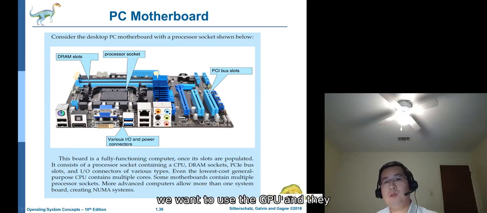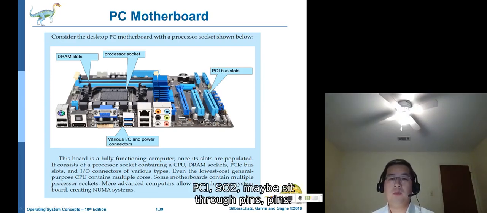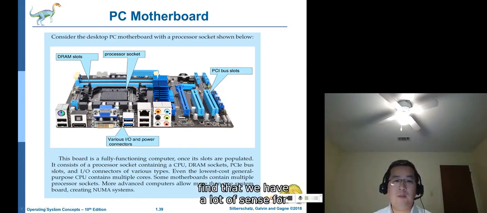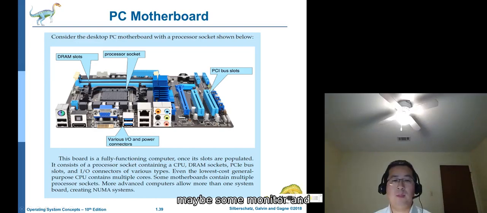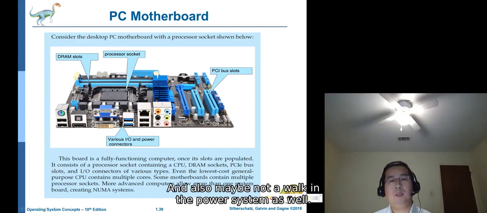For example, we want to use a GPU, and then you need to have maybe two rows, PCI 32, maybe 32 pins. And then here you can find we have a lot of things for I/O devices, maybe HDMI, maybe VGA, maybe some monitor, and USB, and audio, video, input, output, and also maybe network and power system as well.